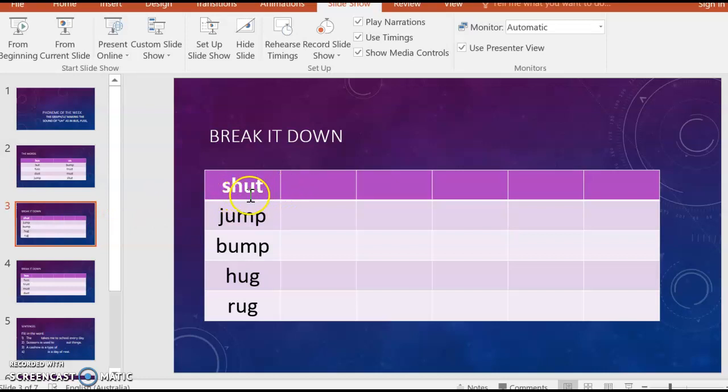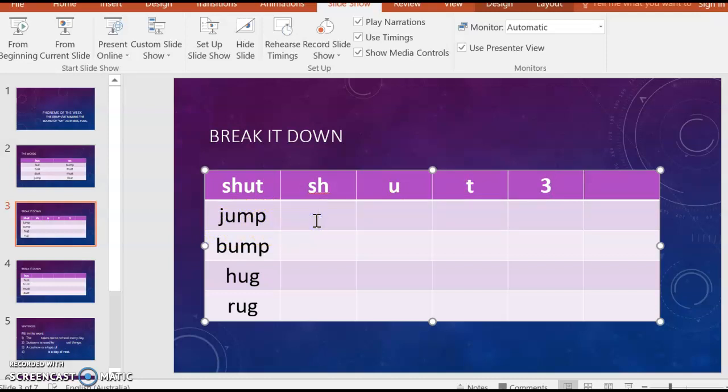Shut: sh, u, t. So how would we write that? Sh, u, t. 1, 2, 3. 3 phonemes in the word shut. S-H-U-T. Next word, jump.